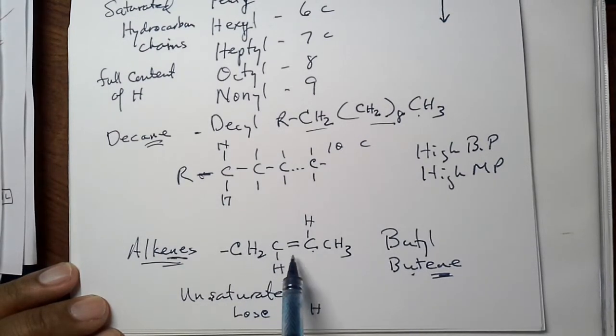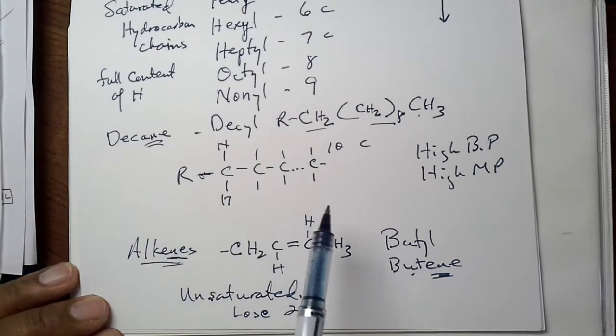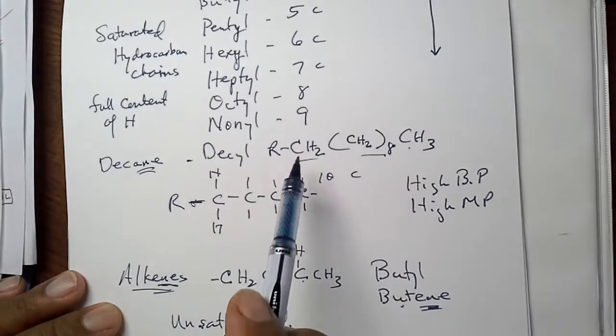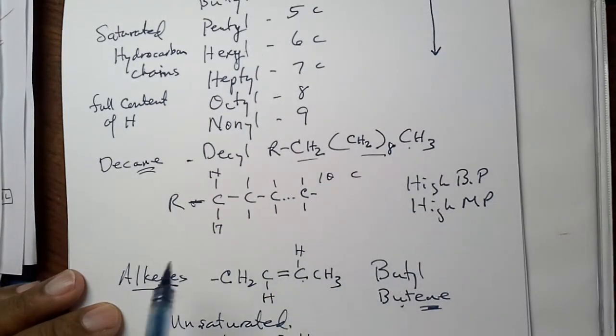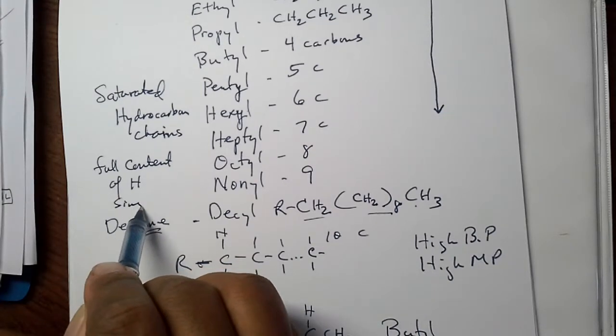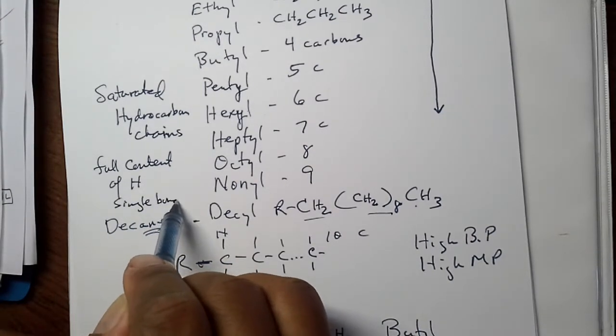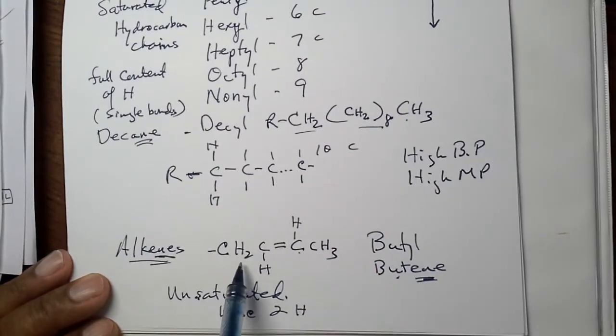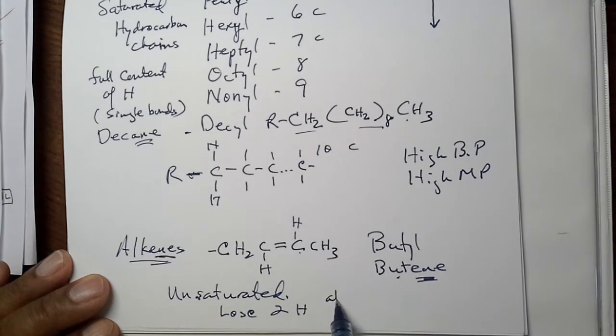And there are other properties associated with this double bond. But a saturated hydrocarbon chain is one that consists of all single bonds. Okay, single bonds. And an unsaturated hydrocarbon chain would have at least 1 double bond.